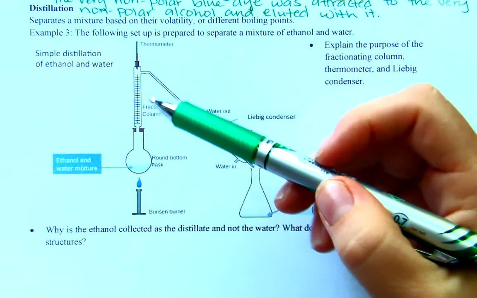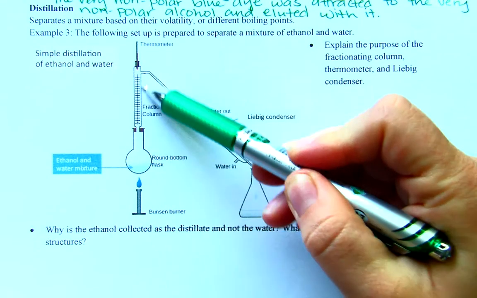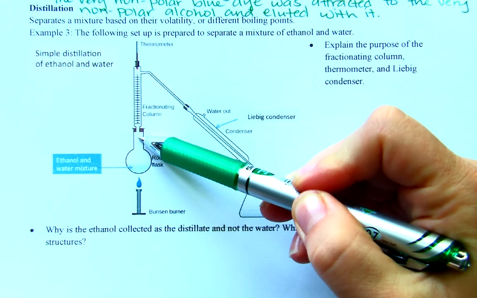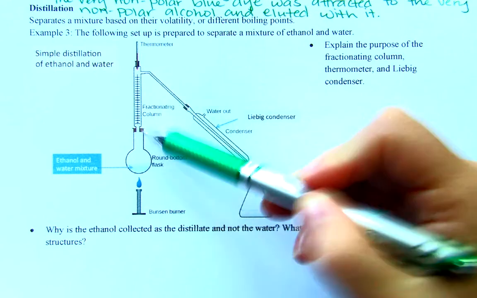All right, first is the fractionating column. The fractionating column keeps the water vapor from rising, so only the ethanol is condensed.